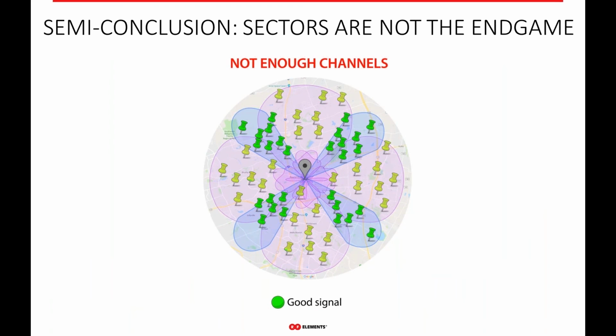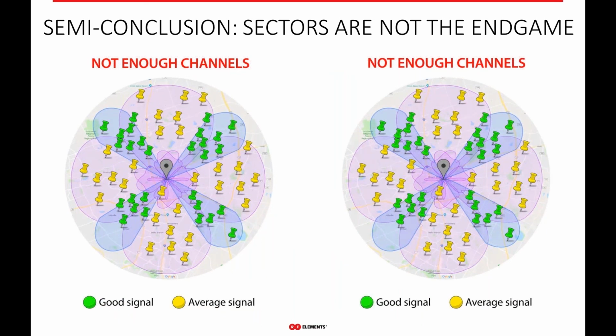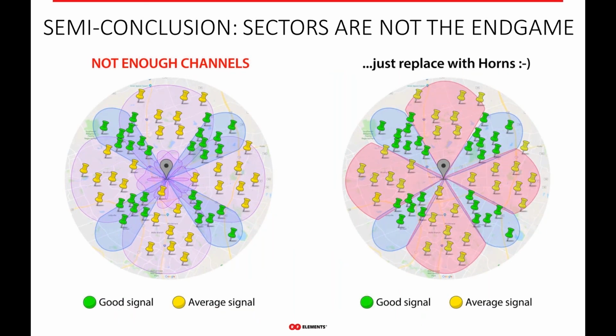So the augmented coverage methodology is very common, but it's really not the end game, right? As long as you have traditional sectors on your tower and they don't go away, you're always going to have a problem. It's not until you go to nothing but horn antennas that you can actually see the absolute best performance, right?